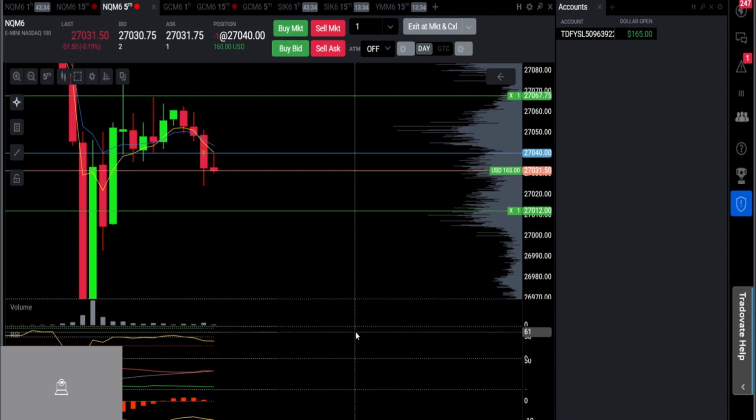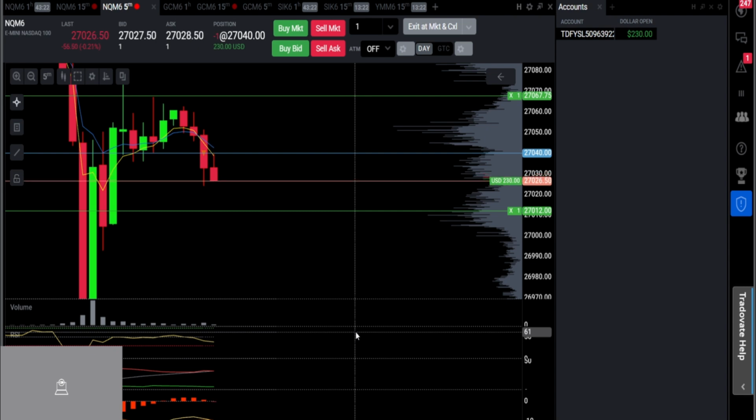So that's primarily what I was using the 5 minute chart for on this particular trade. And then you see it goes down even more in the direction that I'm looking for.